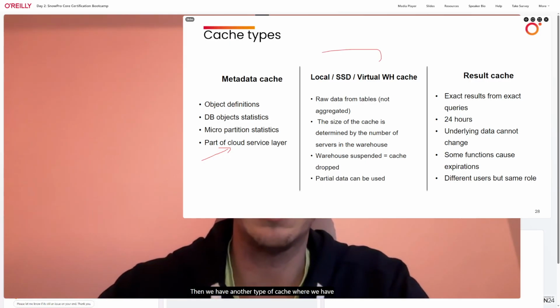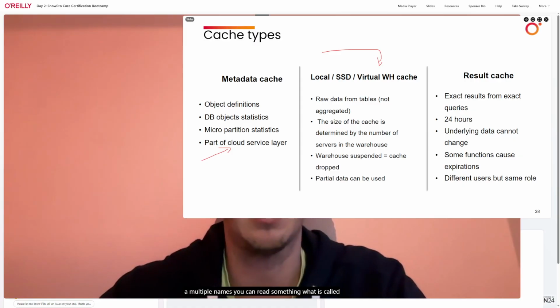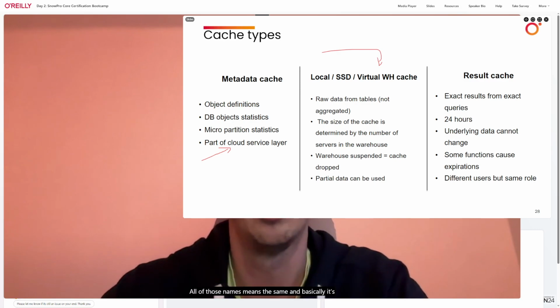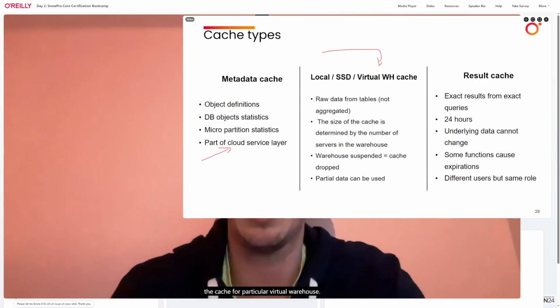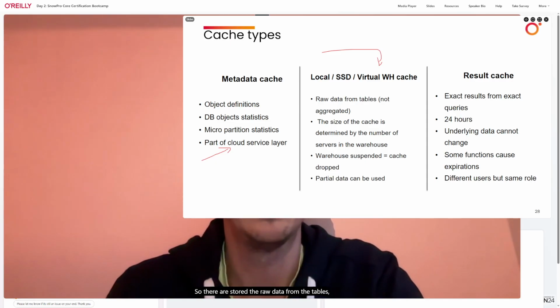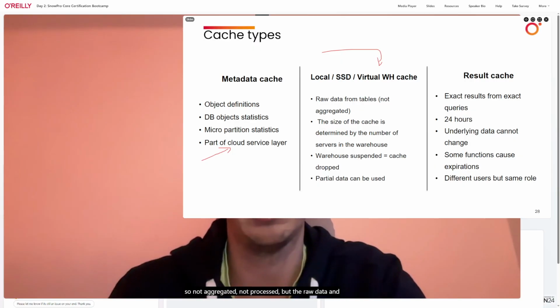Then we have another type of cache with multiple names. You can read something called local cache, or SSD cache, or virtual warehouse cache. All of those names mean the same, and basically it's the cache for a particular virtual warehouse. There is stored the raw data from the tables, so not aggregated, not processed, but the raw data.